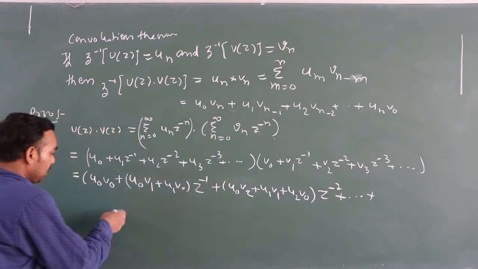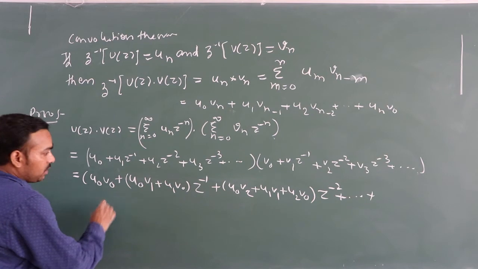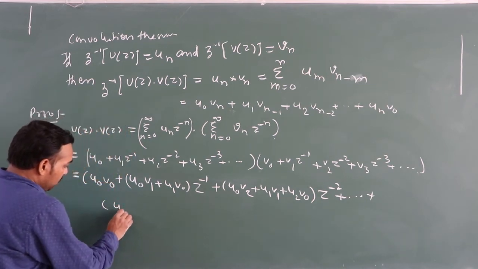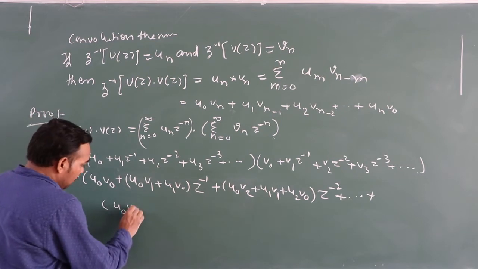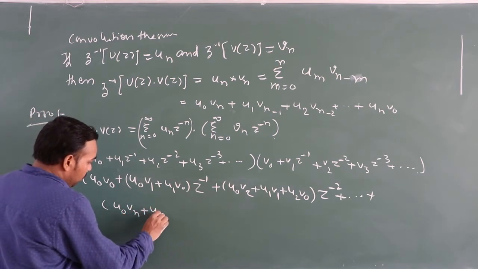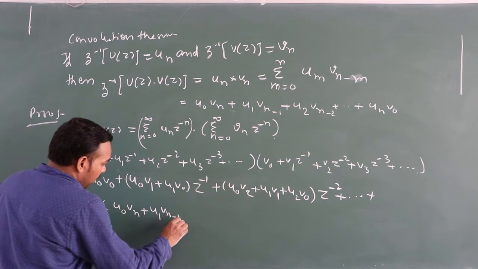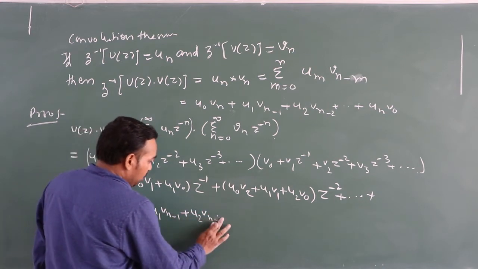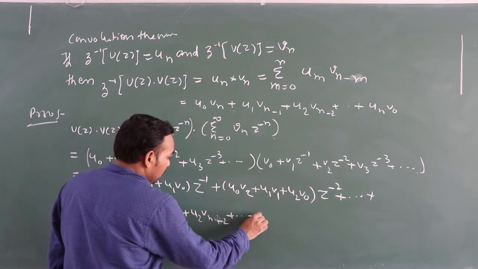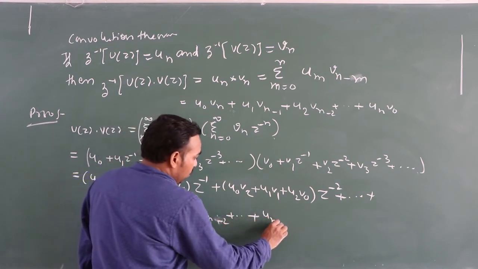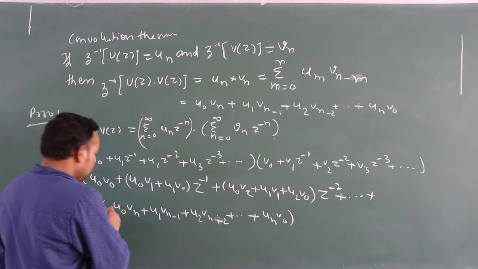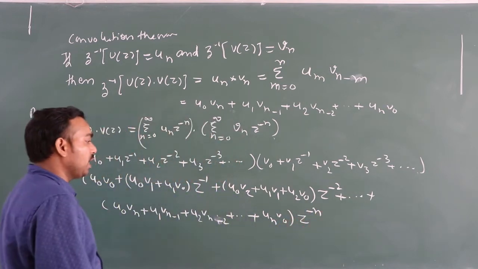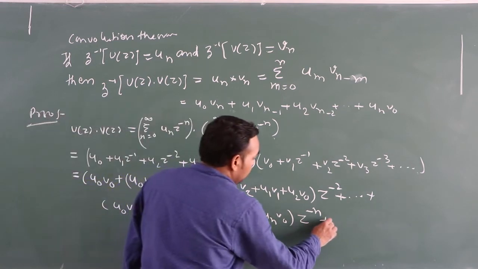In general, if we find the coefficient of the nth term, we get u0 v_n plus u1 v_(n minus 1) plus u2 v_(n minus 2) up to u_n v0. This is the coefficient of z to the power minus n, and so on.